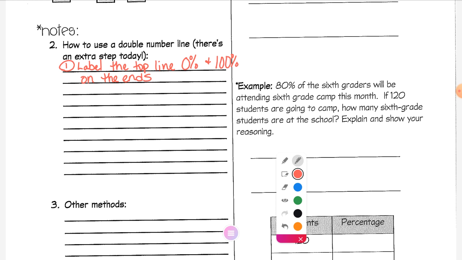So if I said label the lines on the ends, 0 and 100, where do you think you're going to put 0? On the left. Where do you think 100 will go? On the right. Okay?